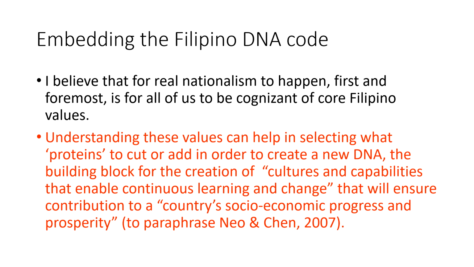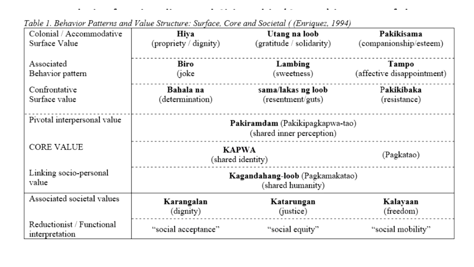Okay. And let me just show the DNA that we have here. So we have, for example, here, during the colonial time, we were being developed to have all this hiya, utang na loob, pakikisama.